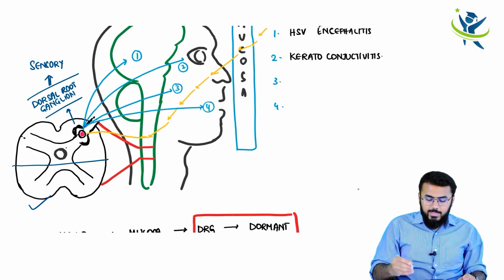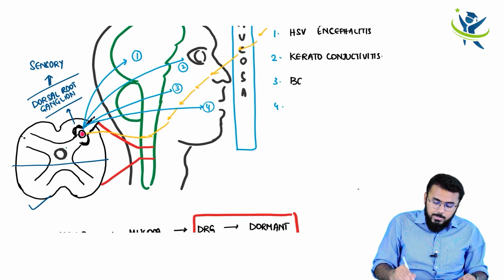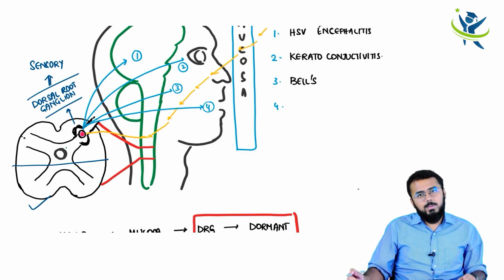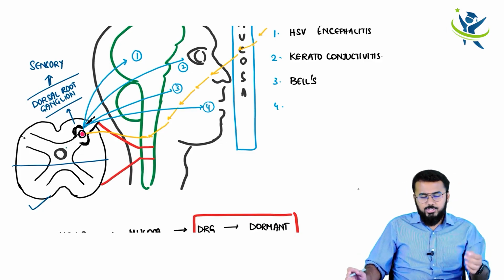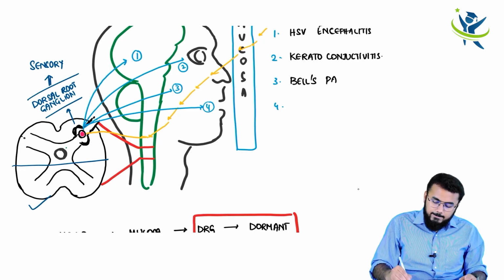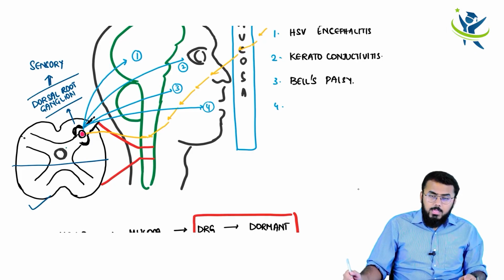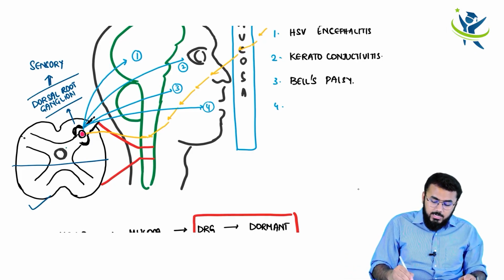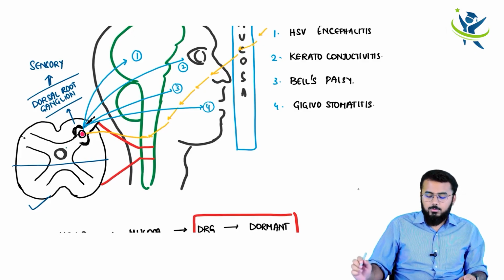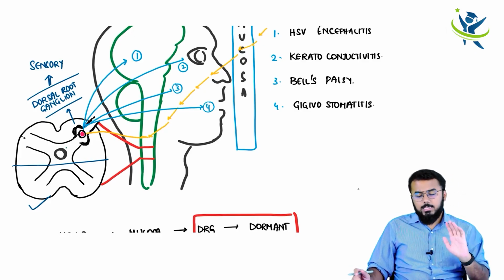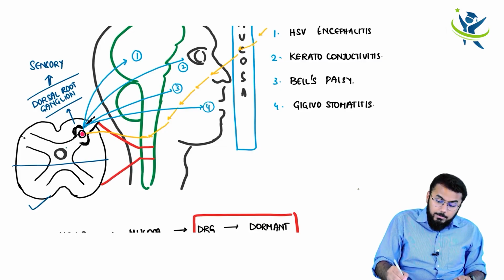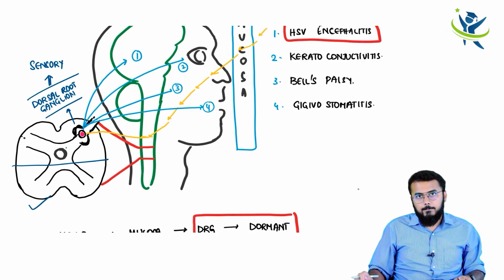If it affects your face, it is going to cause Bell's palsy. I hope all of you know Bell's palsy is damage to your facial nerve. If it affects your mouth, the patient can have gingivostomatitis. Out of these, the important complication is HSV encephalitis. Keep this in mind.